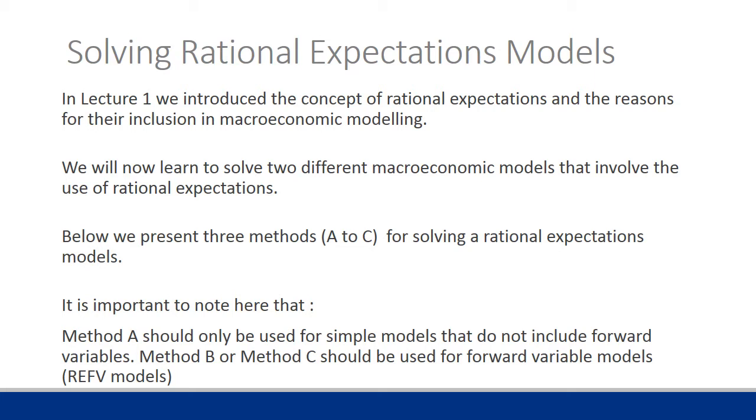Method A is a simple method for simple models, and what we mean by simple models is models in one time period. If there is more than one time period in the model, then we would choose method B or C. That's the method of substitution or the method of undetermined coefficients.